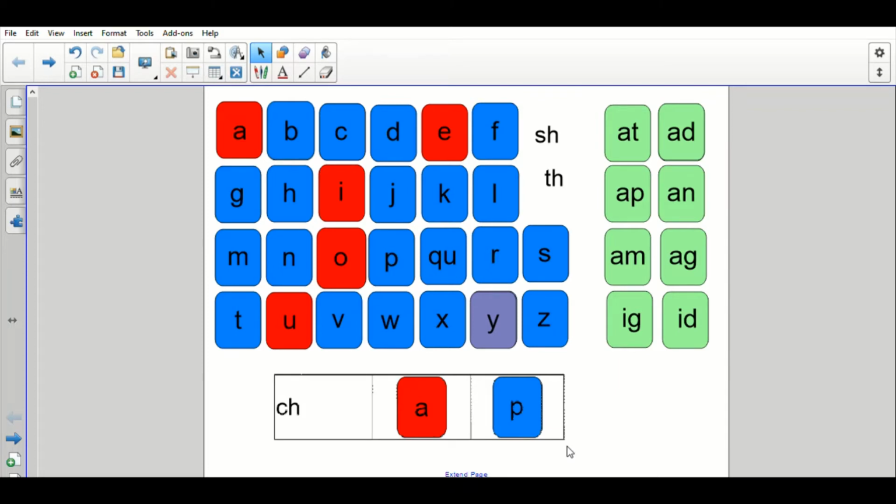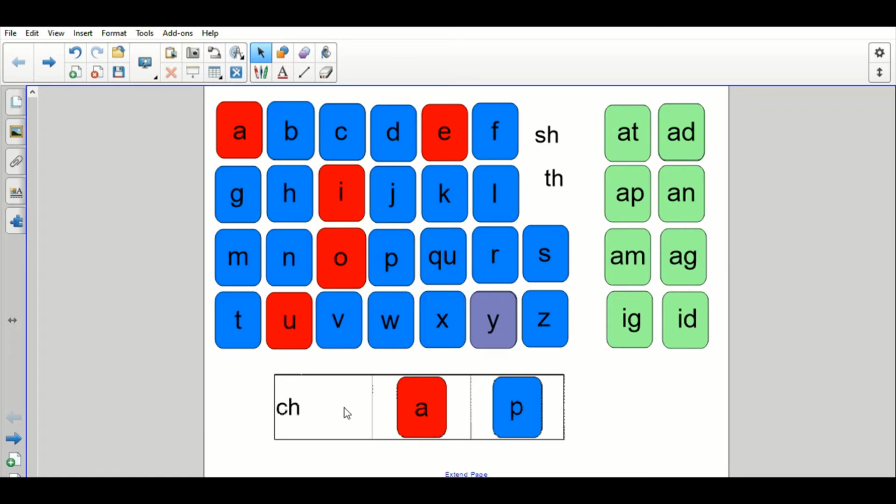And for our next word, we want to change chap to chip. Sound it out. What needs to change chap to chip? Was it the beginning, middle, or end sound?